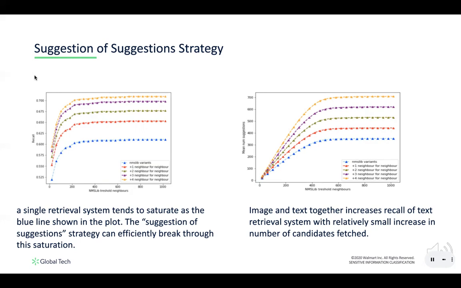Figure 5 shows how recall is increased for K equal to 1, 2, 3, and 4. Figure 6 shows that the suggestion of suggestion strategies significantly increase the recall that surpass the saturated point with insignificant increment in the number of fetched candidates. The y-axis on the plot shows the number of candidates averaged over all the queries used for testing.